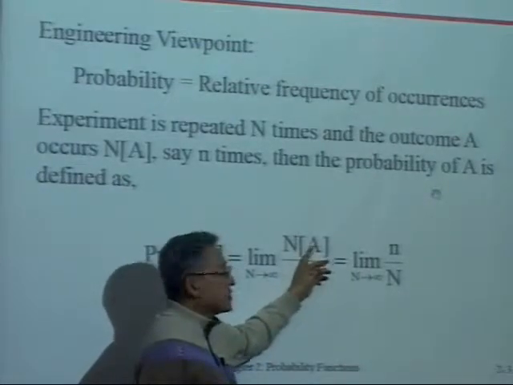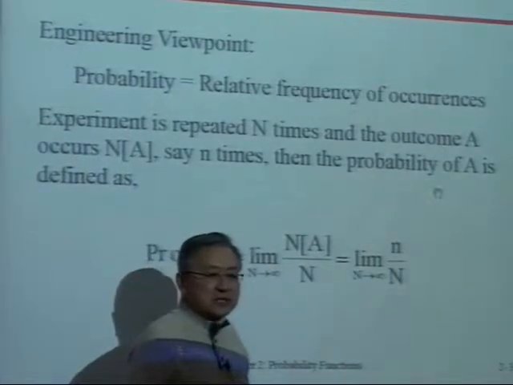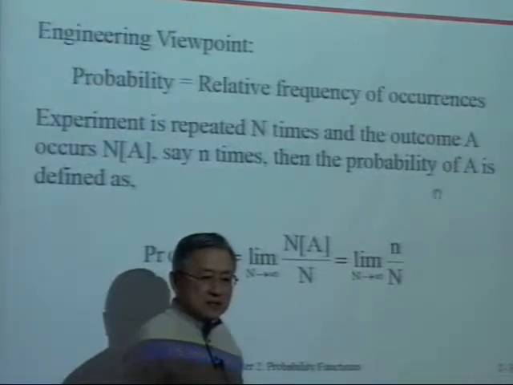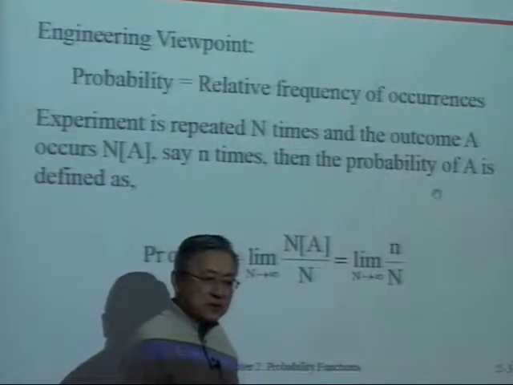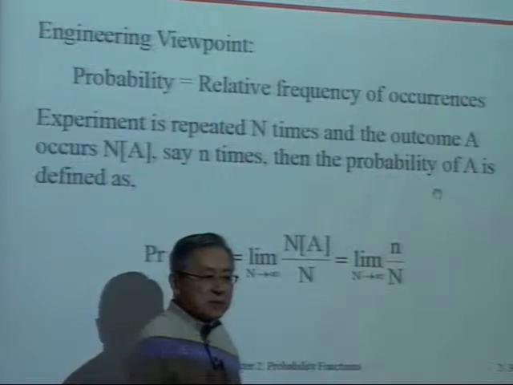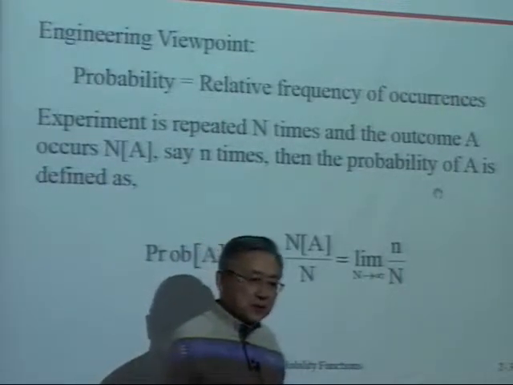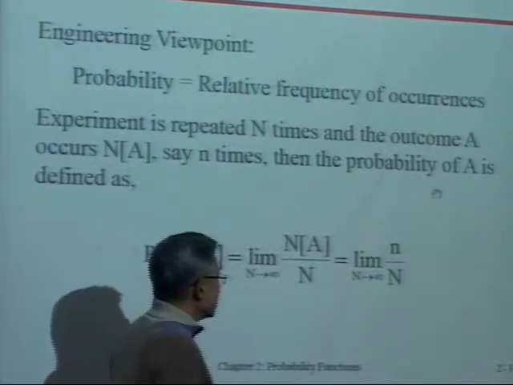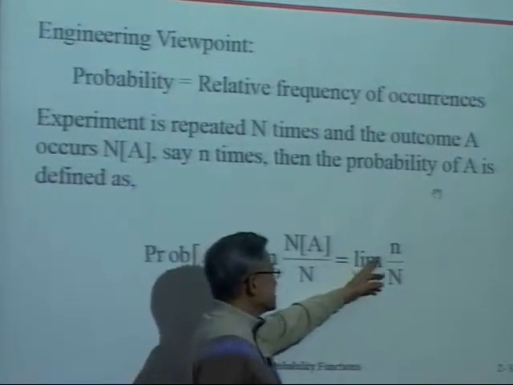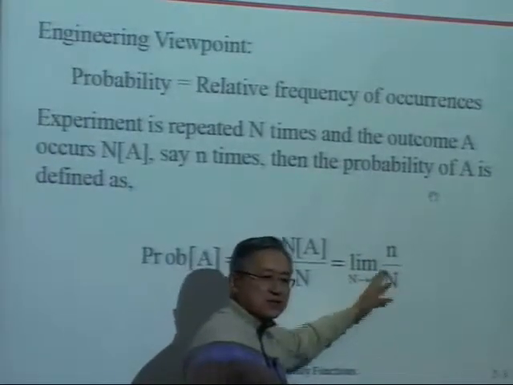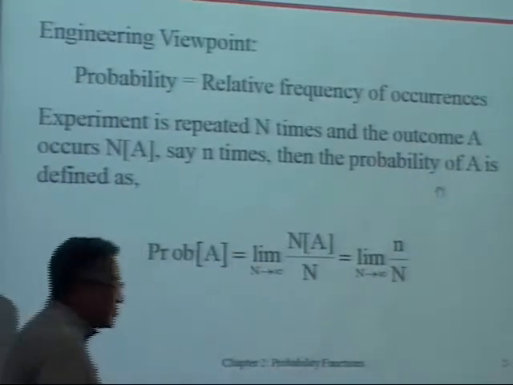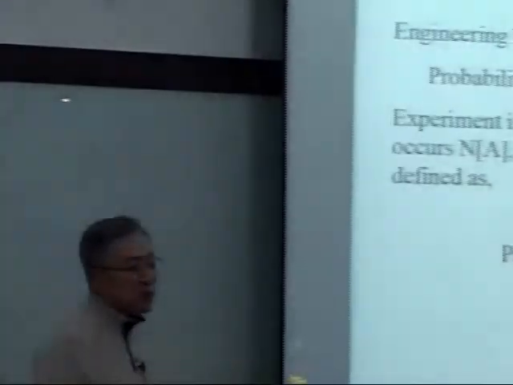Then event A, you designate the 1 appears. The event A could be the event that 2 dots appear, and so on. So the limit of small n over N is the chance. From the engineering point of view, the probability that event A occurs is a chance. Same thing.